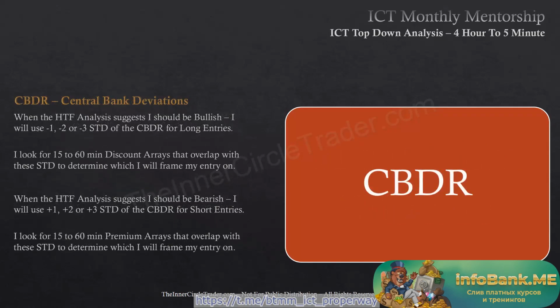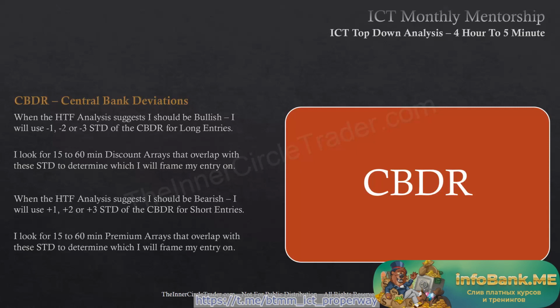Central bank dealers range, deviations. Now when the higher time frame analysis suggests that I should be bullish, I will use 1, 2, or 3 negative standard deviations, in other words going down, of the central bank dealers range for long entries. I look for 15 to 60 minute discount arrays that overlap with these standard deviations to determine which I will frame my entry on.